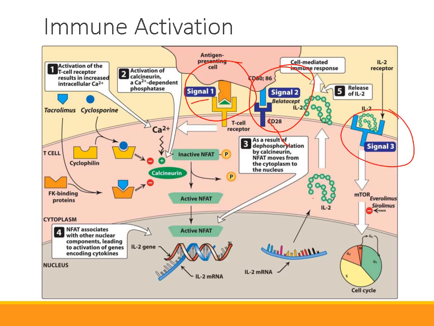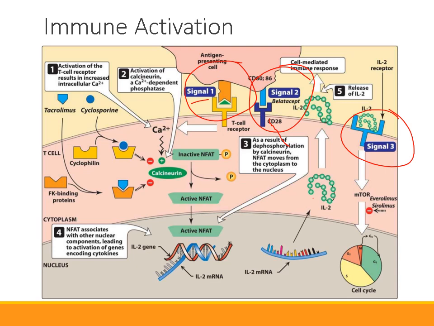Signal 1 and signal 2 over here are where the antigen presenting cell is presenting the antigen to the T cell. And remember, that antigen presentation is required for the T cell to be able to recognize the antigen. It can't just recognize antigens and get activated on its own.